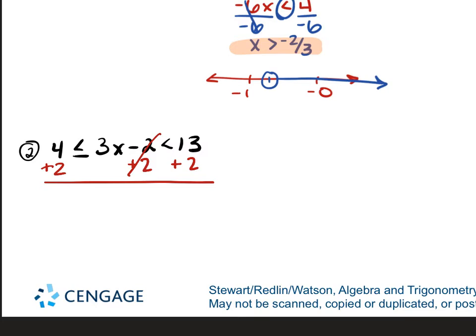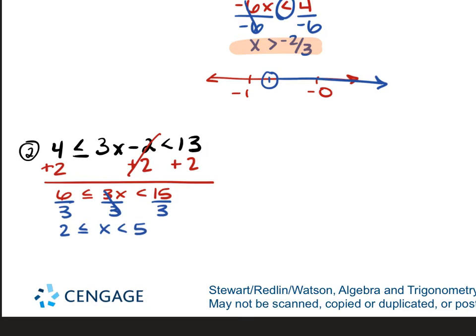The 4 plus 2 gives us 6 is less than or equal to 3x, which is less than the 13 plus 2, which is 15. From here, again, we want x by itself. It's being multiplied by that 3 right now, so we're going to divide each part by that 3. Those cancel, so we just have 2 is less than or equal to x, which is less than 5.